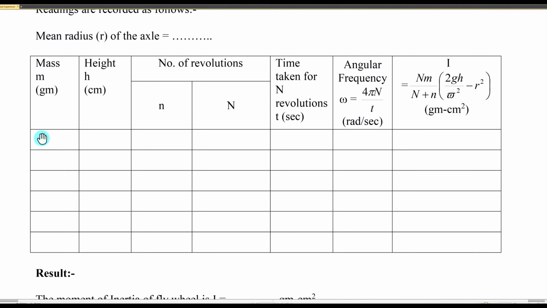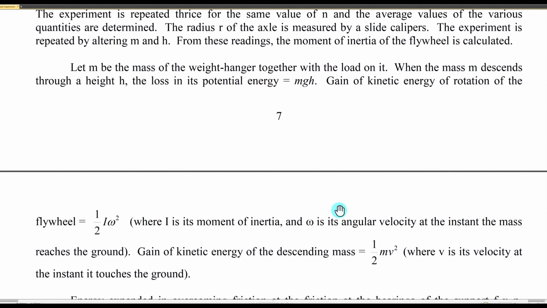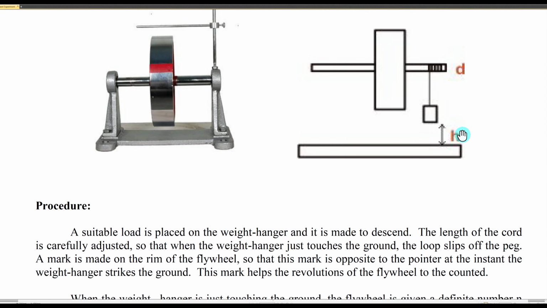That means for 50 gram, the second line is also 50 gram, the third line also 50 gram, all of them are 50 grams, whereas the height will change: 40 centimeter, 30 centimeter, 20 centimeter, 10 centimeter. So for 50 gram itself you have variations, because this height is what you are varying.